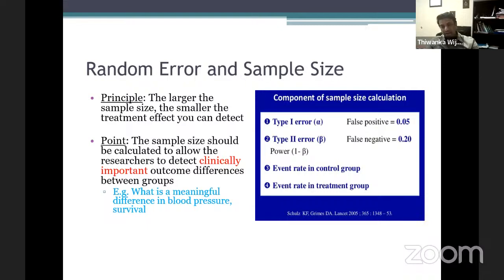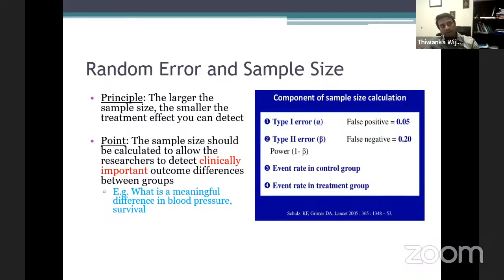So the alpha and beta we already talked about. We said conventionally we set alpha at 5%, and conventionally we set beta so that power is 80%, and we call it 1 minus beta. But simply speaking, alpha 5%, power 80%.